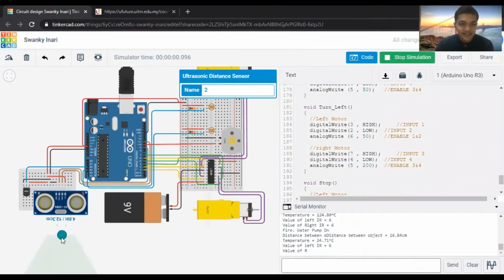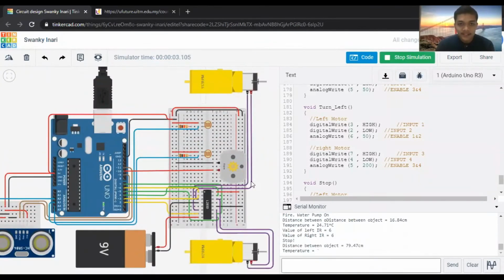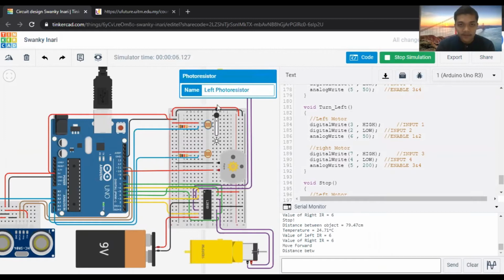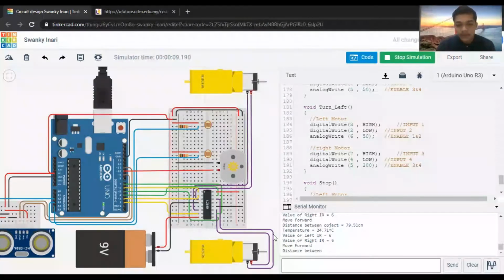When I set the circuit with the obstacle far from the ultrasonic sensor, you can see that the left and right motors are moving forward. And if I set the left photoresistor on the white line, the robot will turn left, so the left motor will move slower than the right motor.